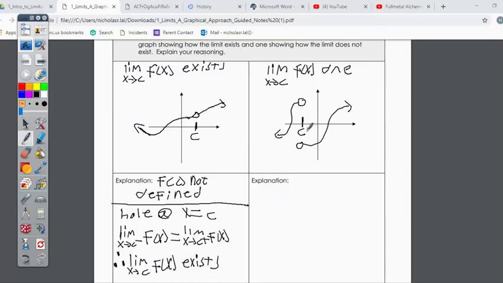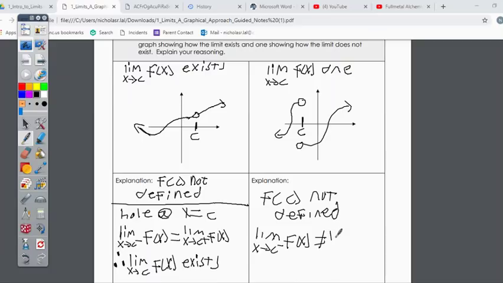This is a function now where, even though f of C is not defined, the limit as x approaches C of f of x from the left does not equal the limit as x approaches C from the right of f of x.